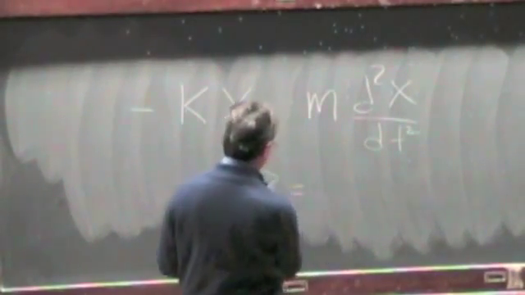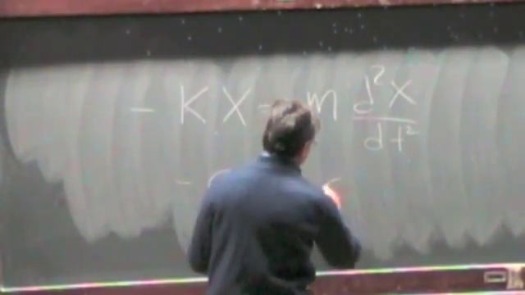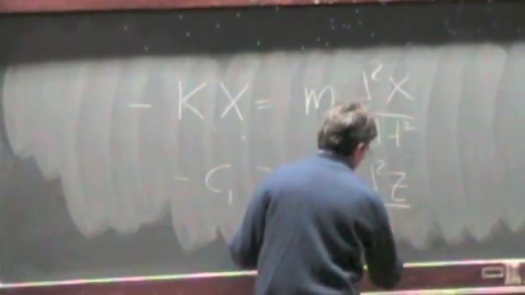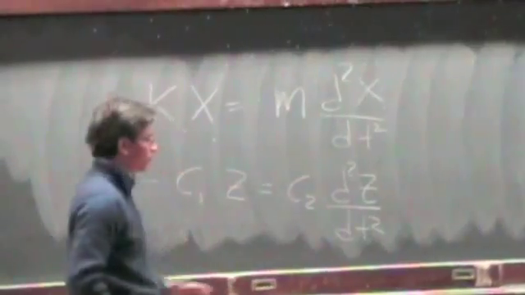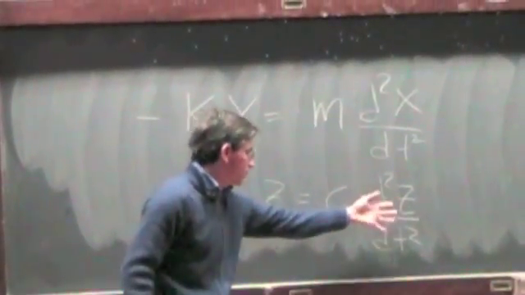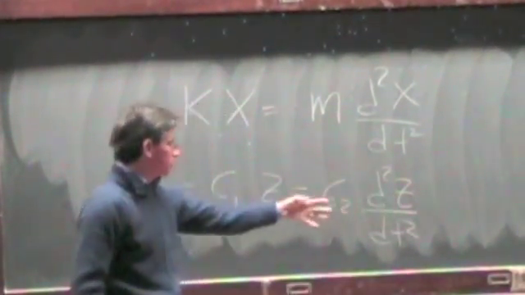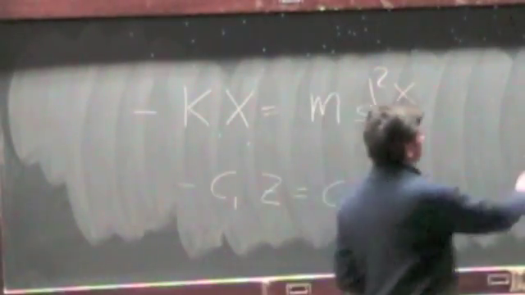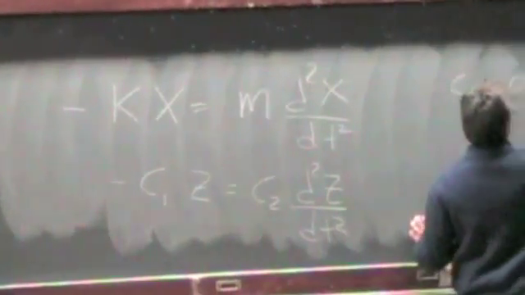If that physical quantity z satisfies this equation, that when you take the second derivative of that quantity as a function of time and multiply by a constant, it is equal to the quantity with a minus sign, with C1 and C2 being positive, that's important here.